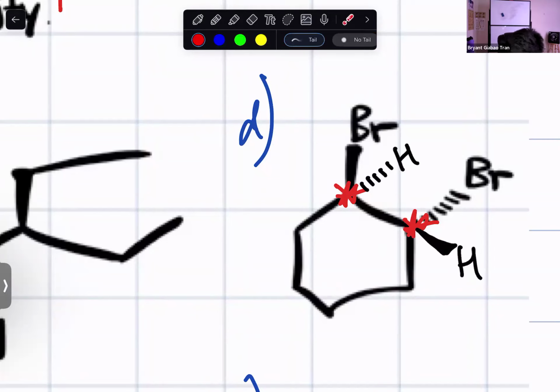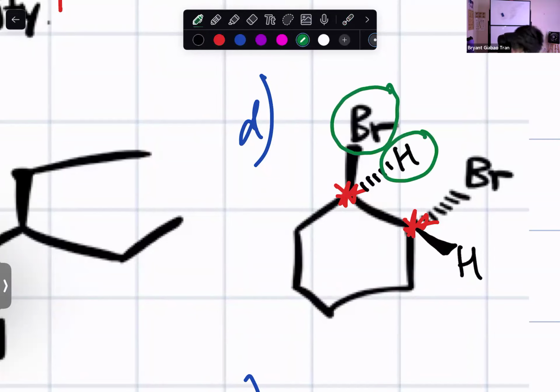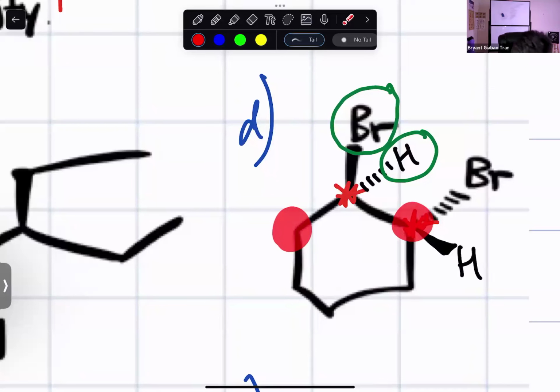Let's focus on this first chiral center here. This is tricky, right? Because one group would be the bromine, the other group would be the hydrogen. Now, look at the very first atom attached to that chiral center, which is this carbon. So let's compare this carbon and this carbon right here. Do you see a difference between those two carbons?